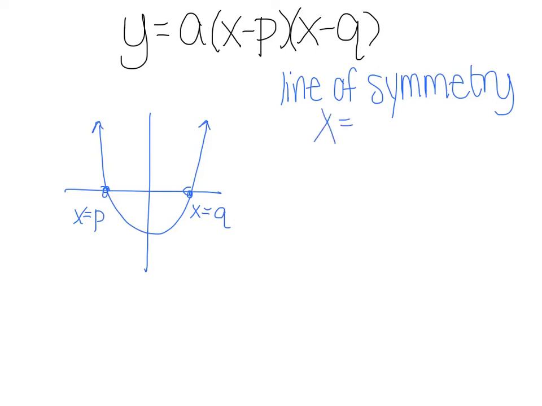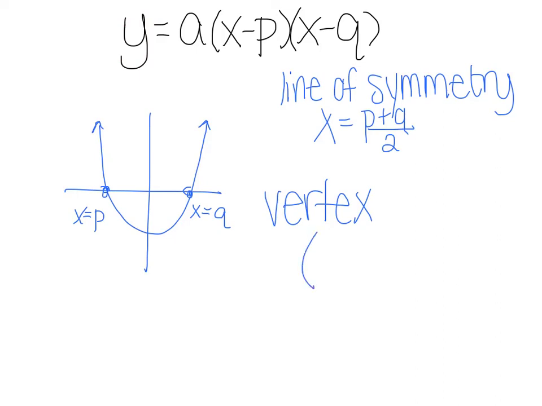This is like finding the mean or the average. So I can add up my two x-intercepts and divide by 2, and that will give me the line of symmetry. What that will also give me is the x value of my vertex. So if I want to find my vertex, all I have to do is take my x value and plug it into my original equation to find the y value that is associated with that particular x value.